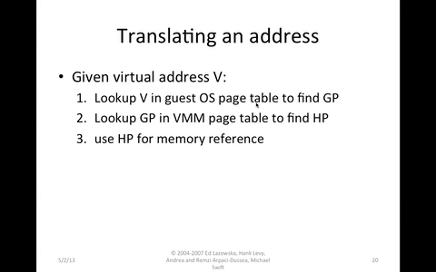So a page fault happens now when the TLB references the shadow page table and something isn't in the shadow page table. So we have to figure out why it is not in there. So we first trap to the VMM and we have to figure out why the entry is not in the shadow page table.